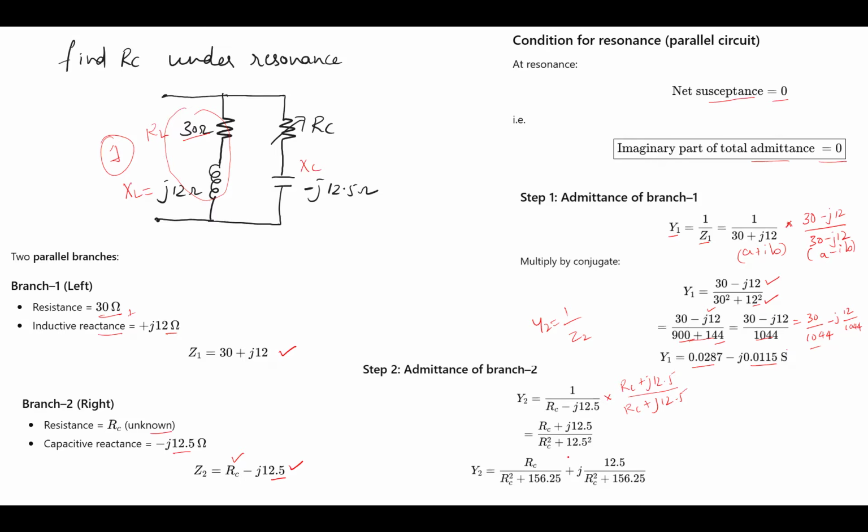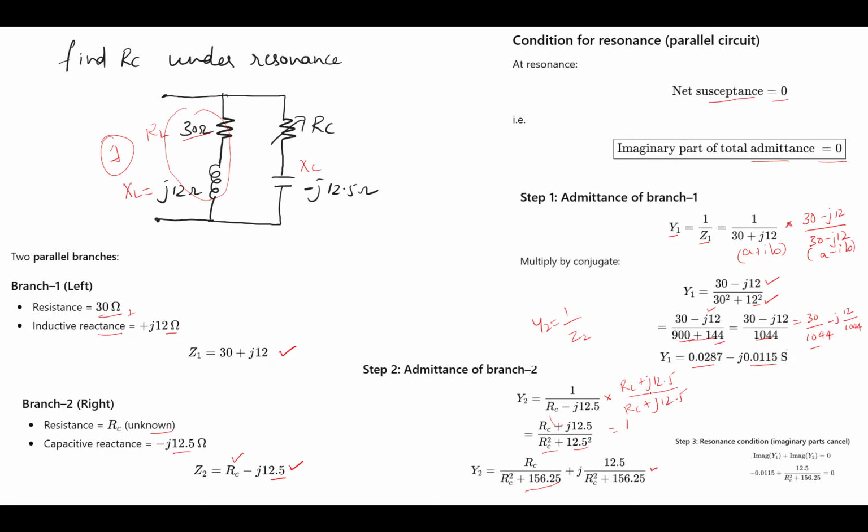So in the denominator it becomes RC square plus 12.5 square, and in the numerator you get RC plus j12.5. Separating, this is RC divided by RC square plus 156.25 plus j into 12.5 divided by RC square plus 156.25. I hope you are getting it. These are the two equations of Y1 and Y2.